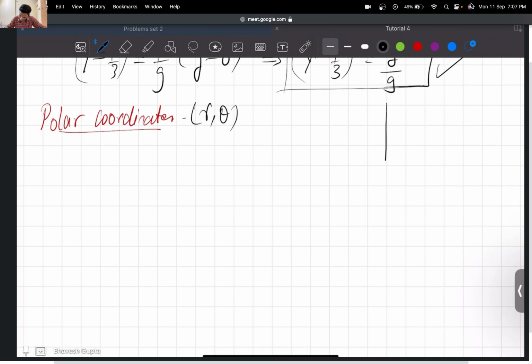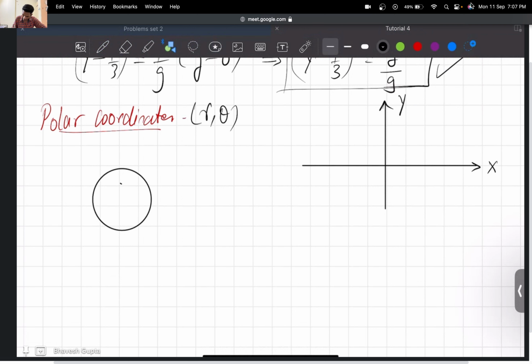So if you have a coordinate system where we describe everything in terms of x comma y, then you can have another coordinate system which is not like this, it is more like this.